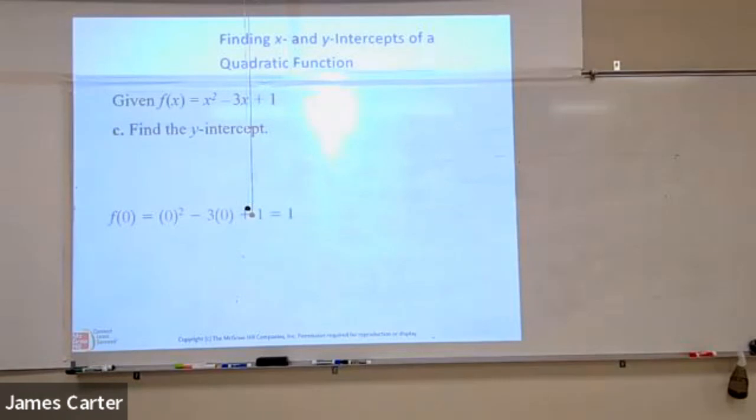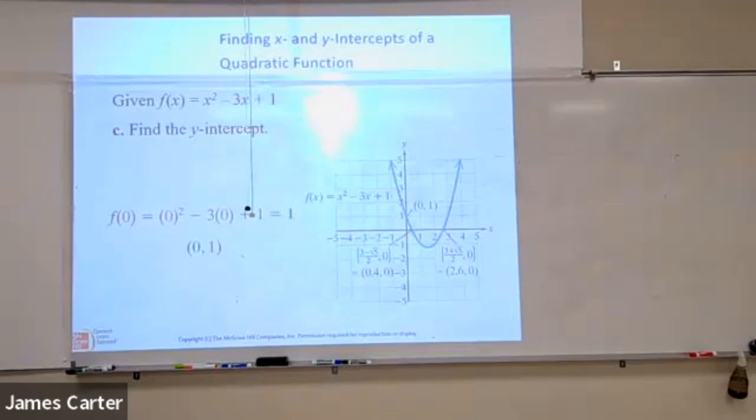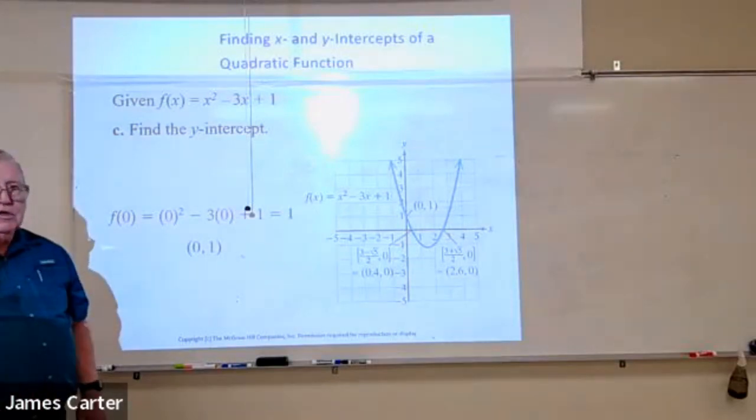Well, here's another one. There's the graph of the thing. Right here's your 2 points. Now, what is this business? This is finding the y-intercept. To find the y-intercept, you can do it the hard way or you can do it the easy way.